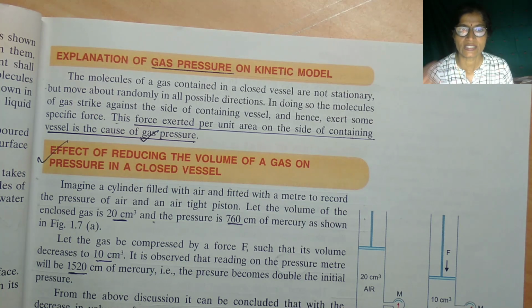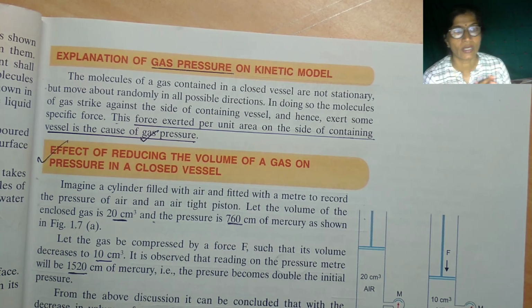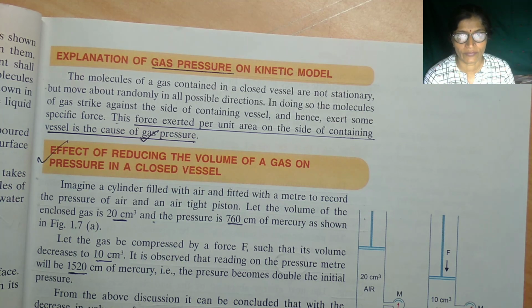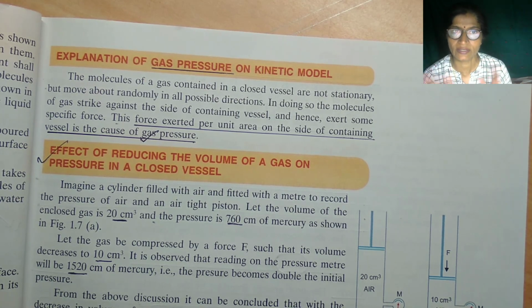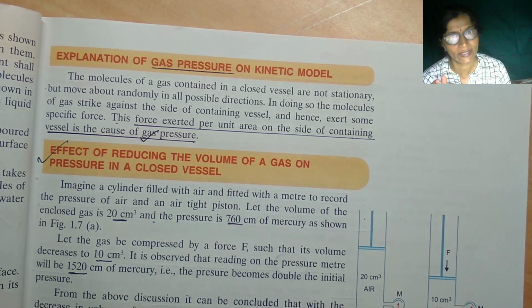When they strike the side of the containing vessel, they exert force. Now the force exerted per unit area on the side of the containing vessel causes the gas pressure, and so the force exerted per unit area on the side of the containing vessel, either by the liquid or by the gas, is the pressure.